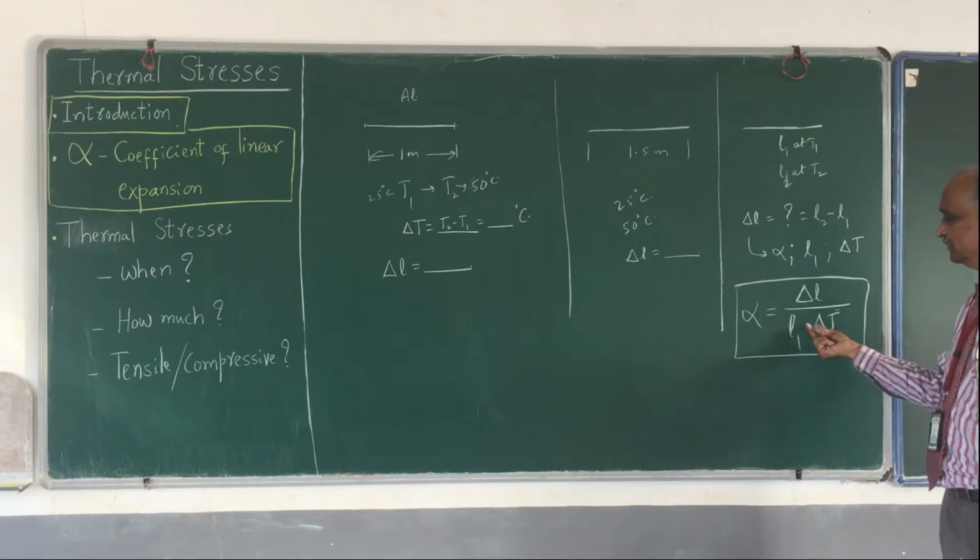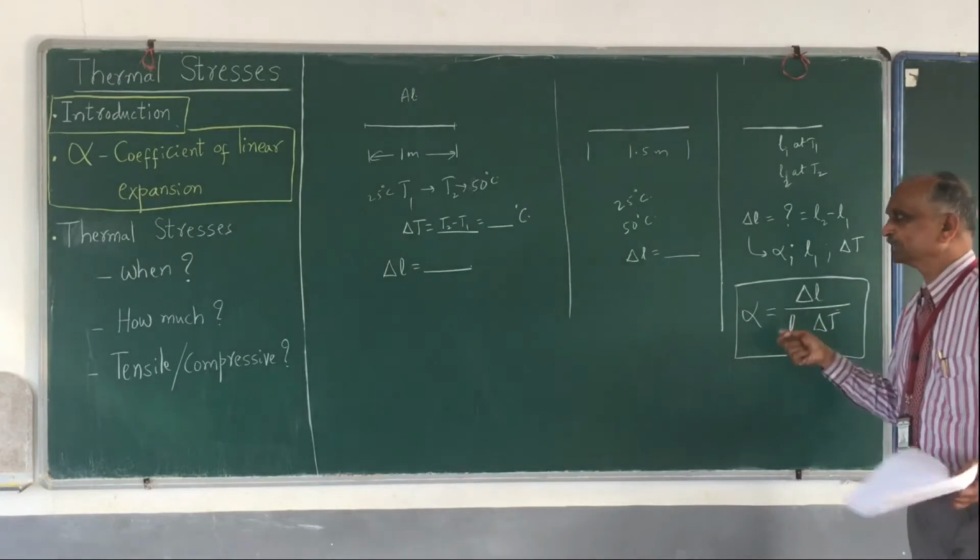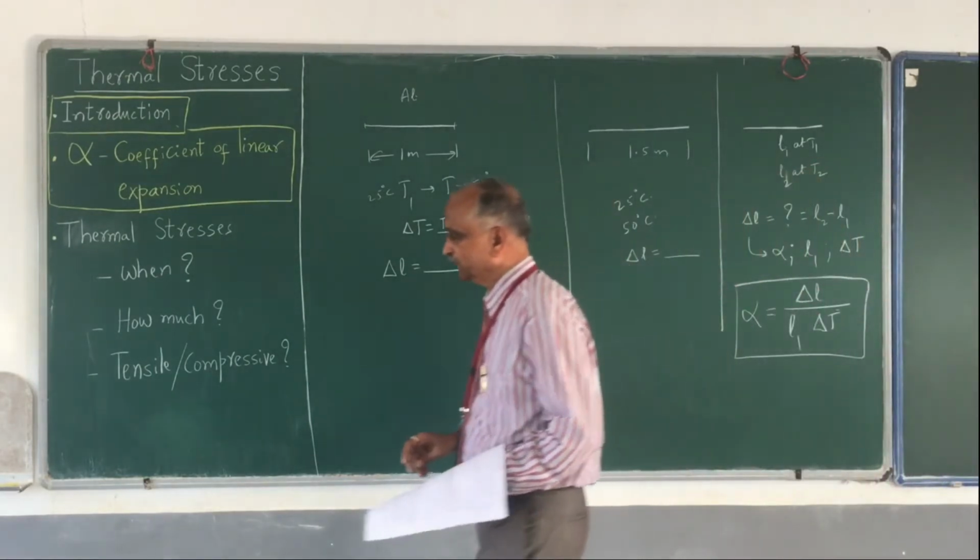So if delta T is 1 and L1 is 1, in that case alpha is equal to delta L. That is what is called the coefficient of linear expansion.